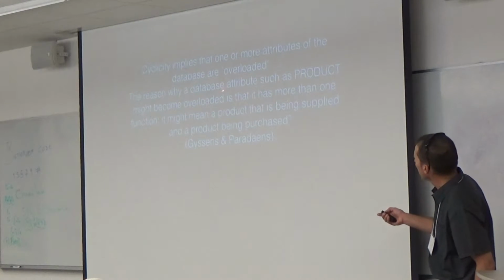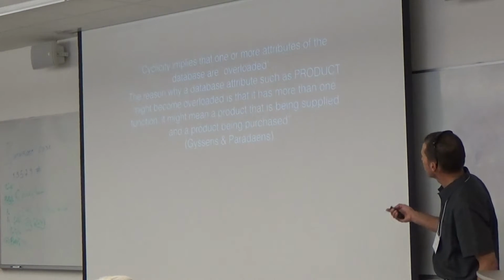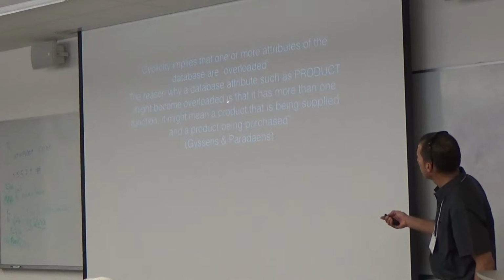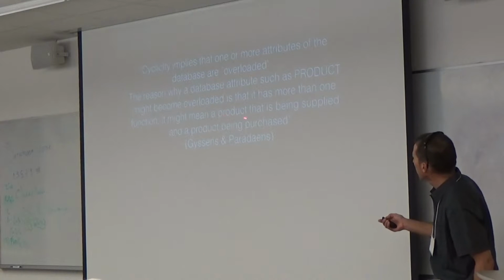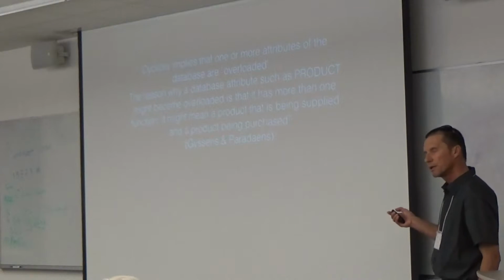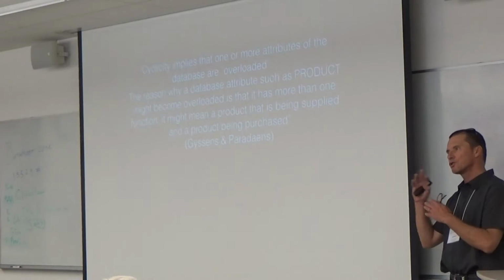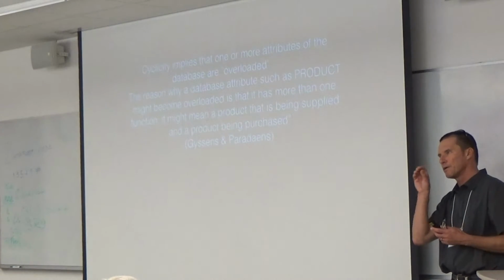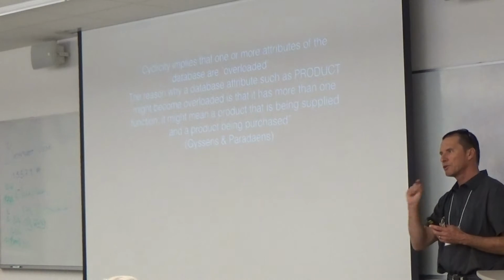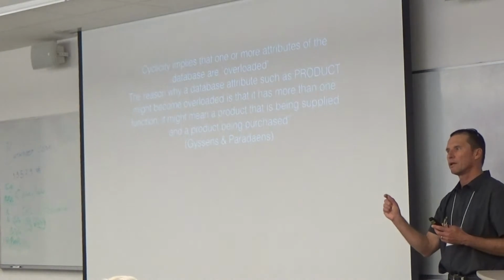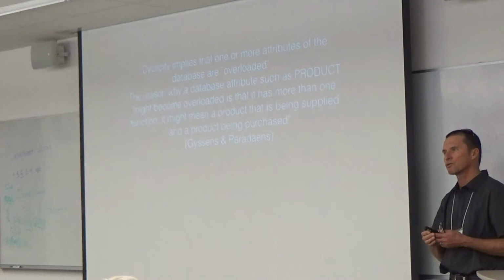The reason why a database attribute such as product might become overloaded is that it has more than one function. It might mean a product is being supplied or a product being purchased. This is alluding to the fact that even as a database modeler, you're using the one attribute, but this leads to problems and prevents you from coming up with a universal relation.